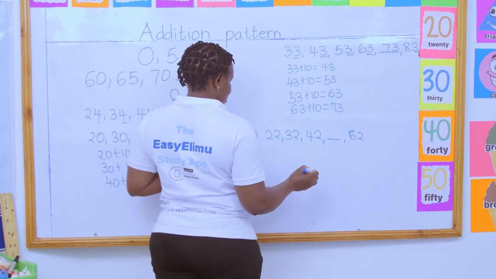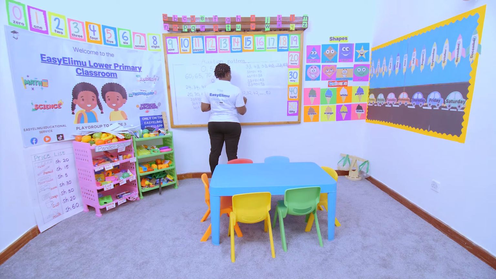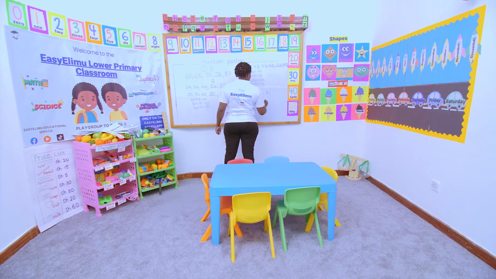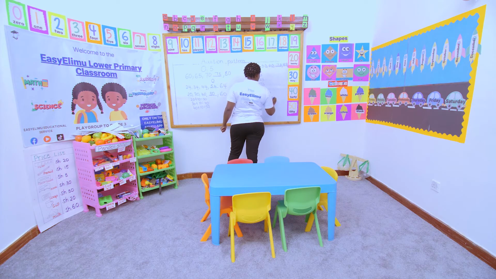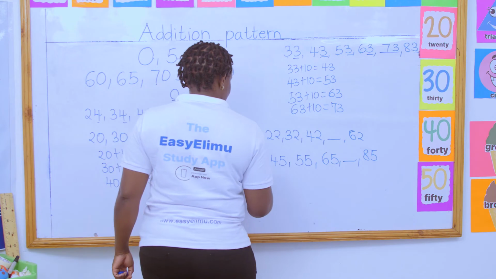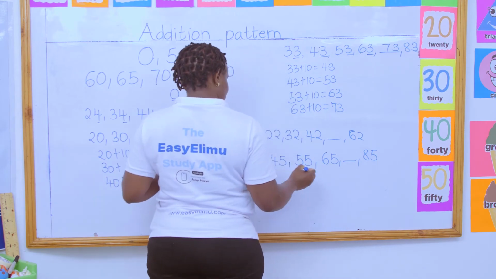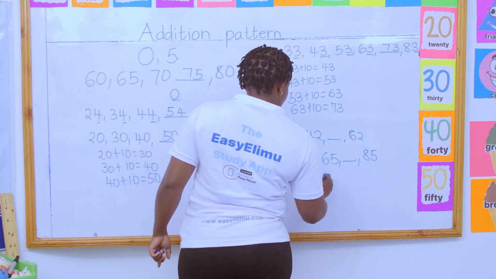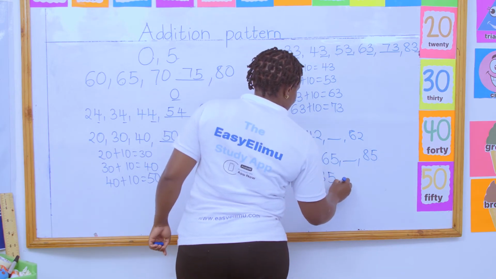So you first identify the pattern, then you fill in the missing numbers. Are we together? I hope we are all together.